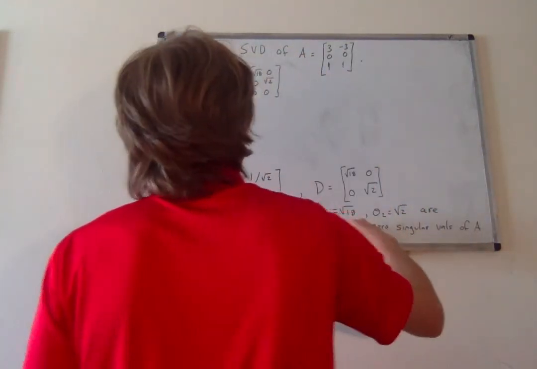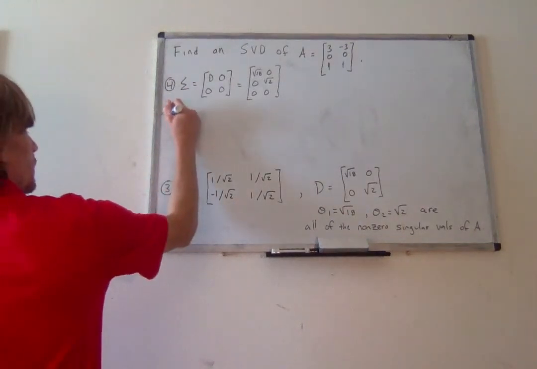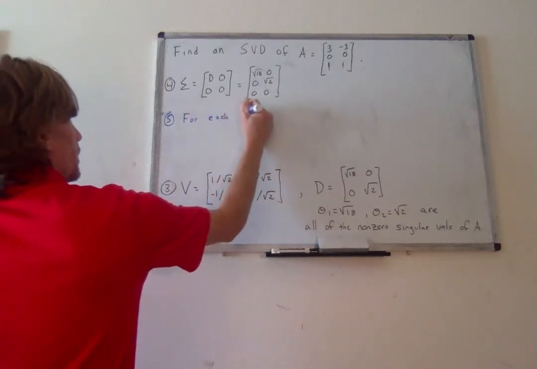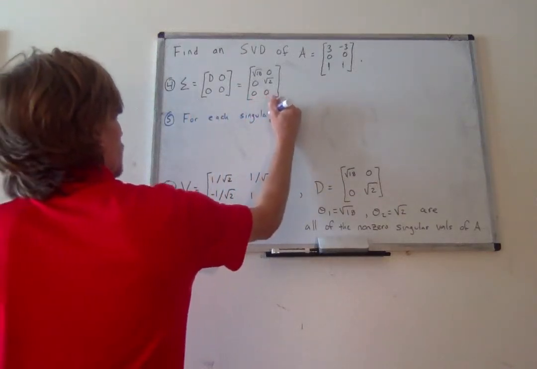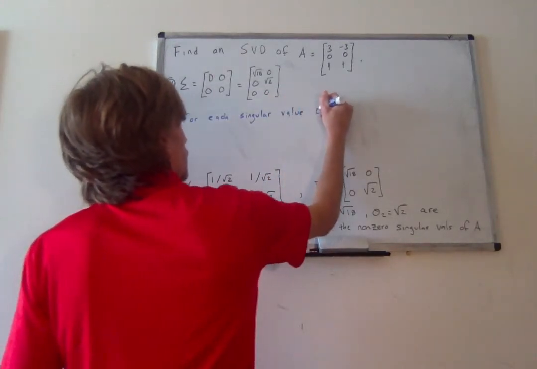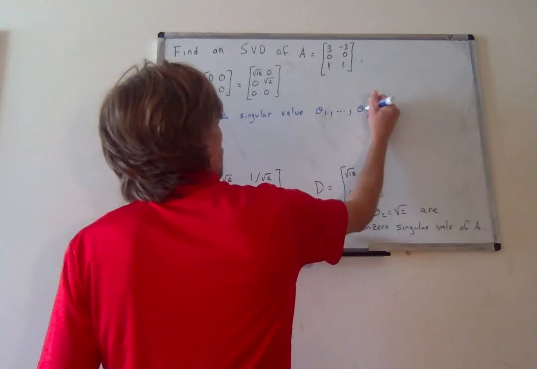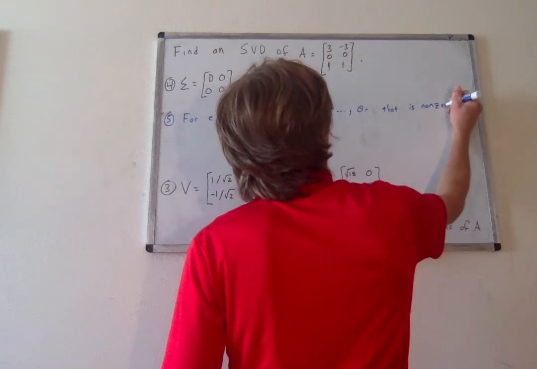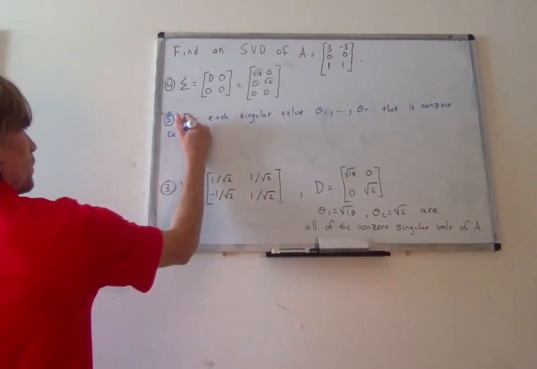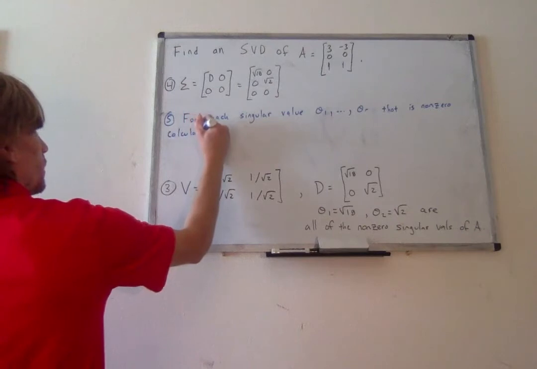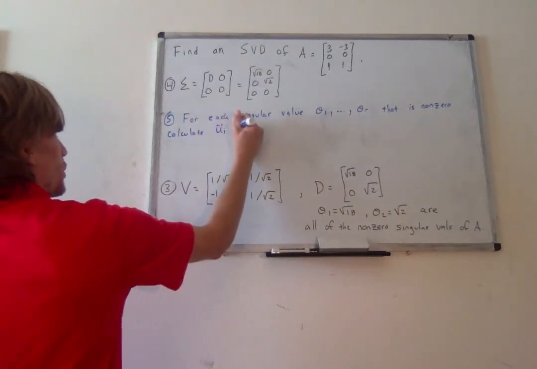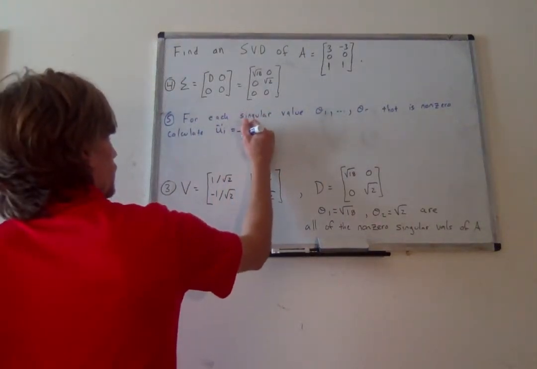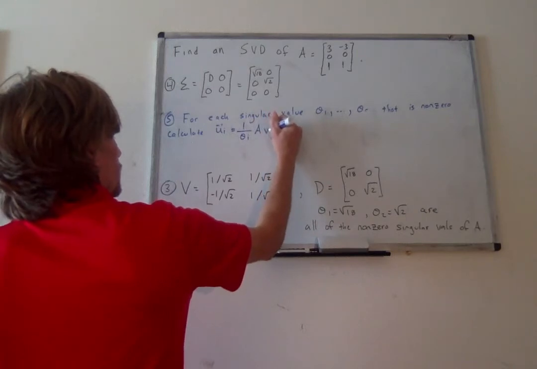Next step, we have to calculate U. So for each singular value that is non-zero, we want to calculate U sub i, which is the ith column of the matrix U, using the formula 1 over sigma sub i times A times V sub i.